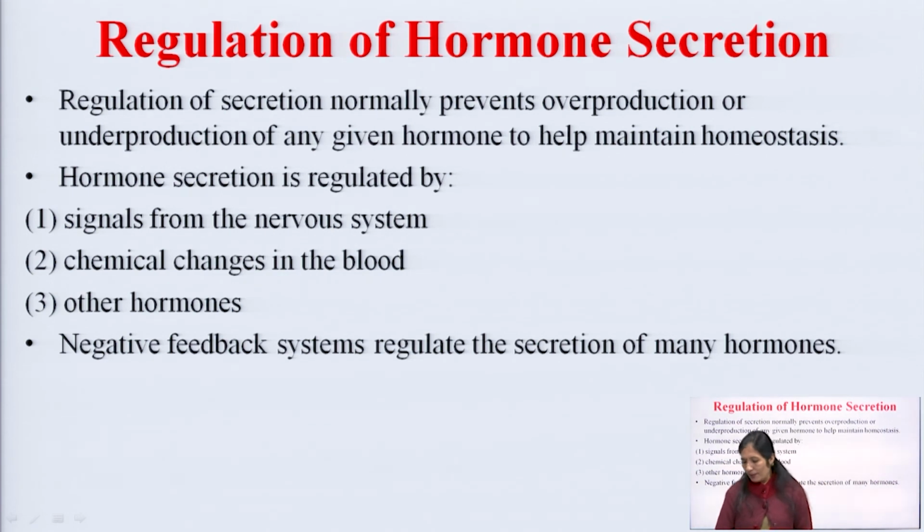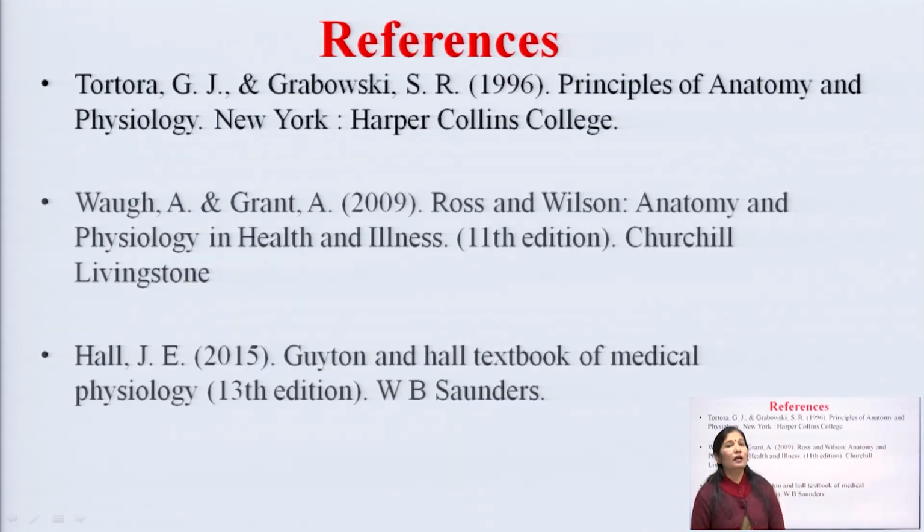So, this was a basic introduction of the hormones in which we studied different types of hormones, their classification, and the basic mechanism of lipid soluble and water soluble hormones and how they produce their action by binding to their receptors.